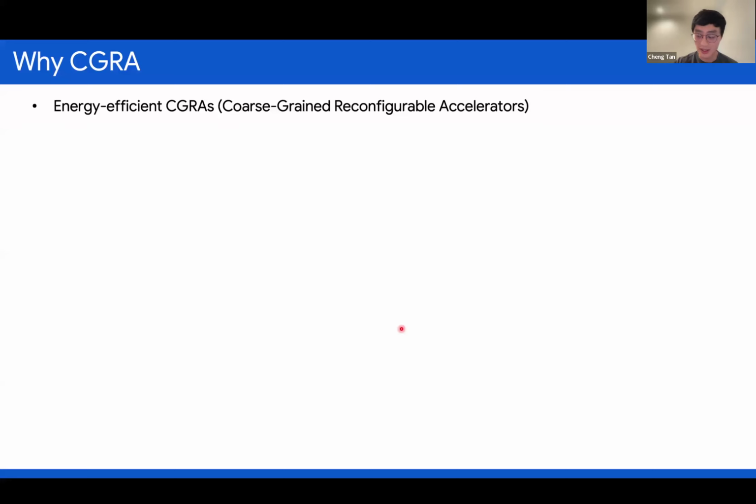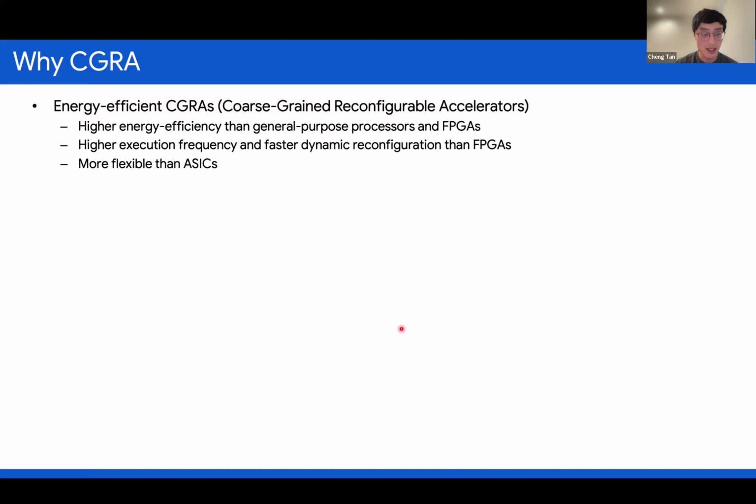So first, why CGRA? CGRA is more energy efficient than the CPU and FPGA, and it has higher system frequency than FPGA and less latency for dynamic reconfiguration. That is because CGRA is more coarse-grained, while FPGA is more fine-grained, at the lookup table bit level.